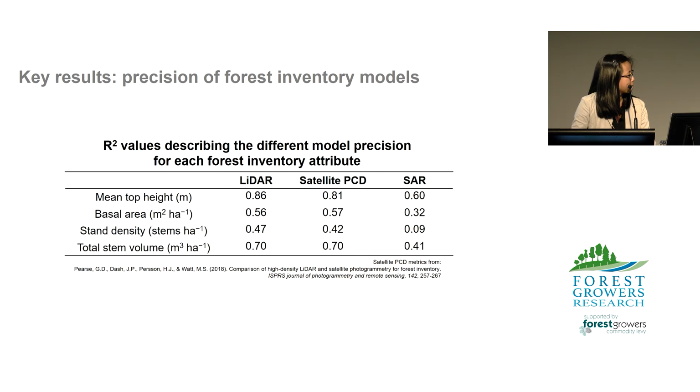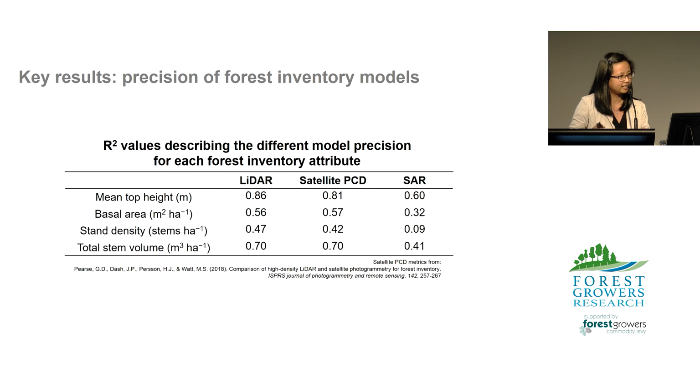So looking at the models side by side, we try to compare the LIDAR versus PCD versus SAR and their precision when predicting mean top height, basal area, stand density, and total stem volume. So regardless of the model used, the attribute with the highest precision of the model is the mean top height, followed by the total stem volume, followed by basal area, and then stand density.